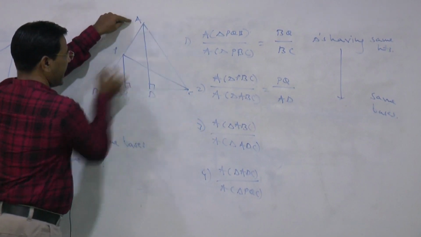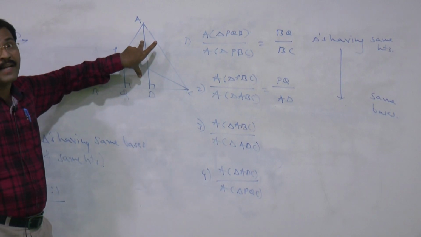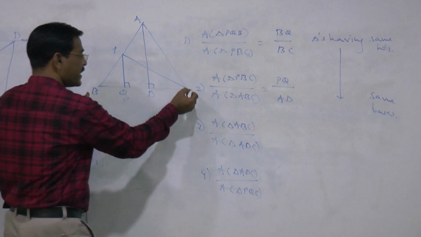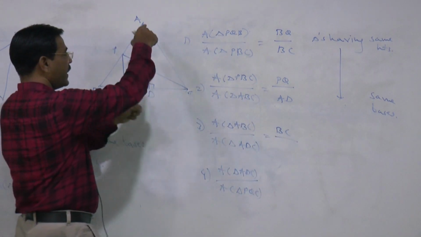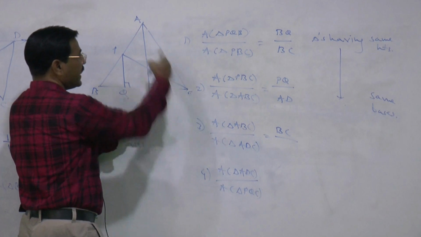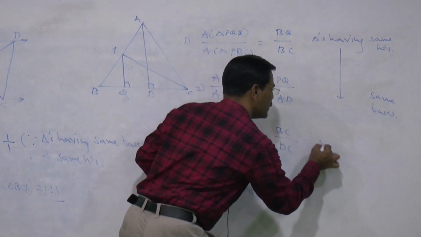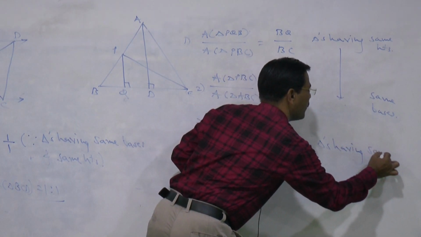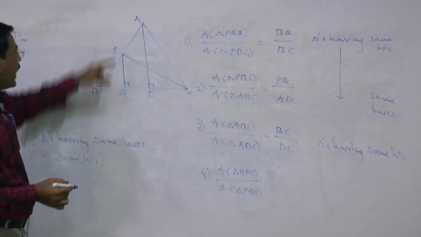This side. ABC and ADC have AD as their common height, so they depend upon their corresponding bases. BC is the base of ABC, and DC is the base of ADC. So again we can write: triangles having same heights.